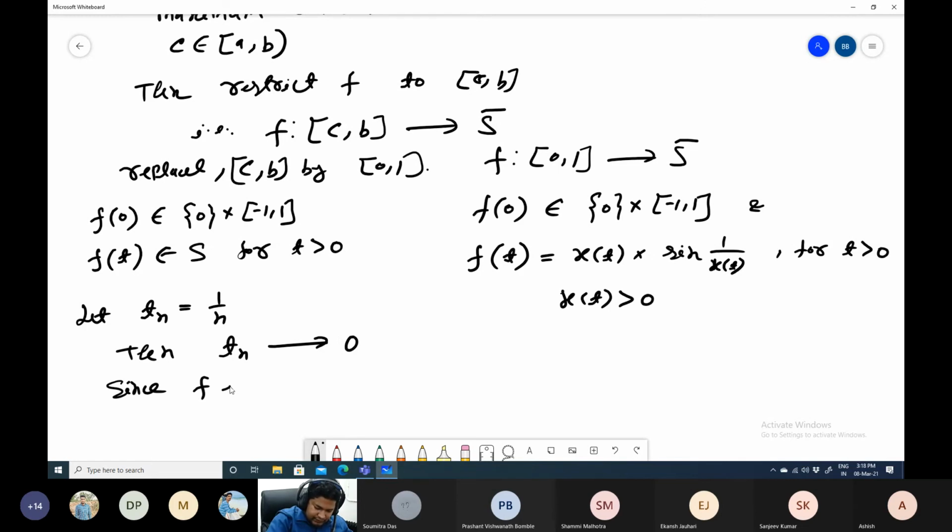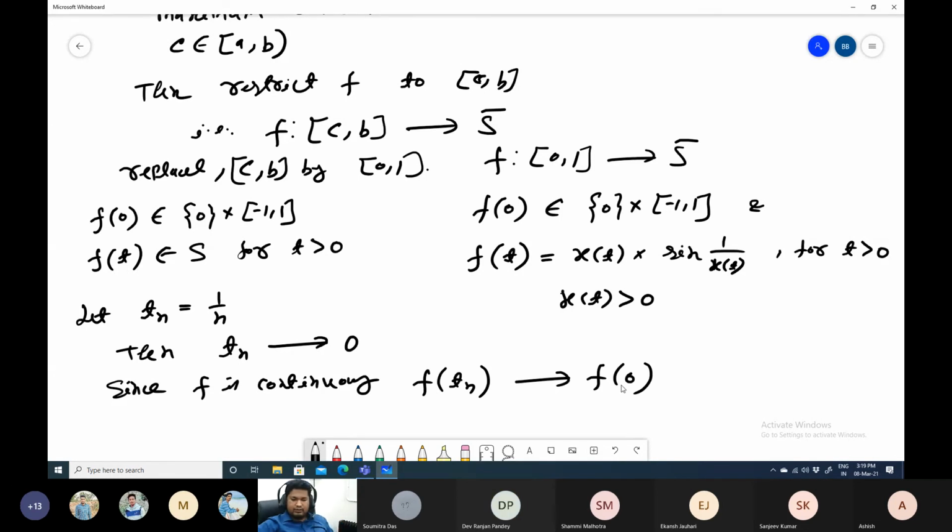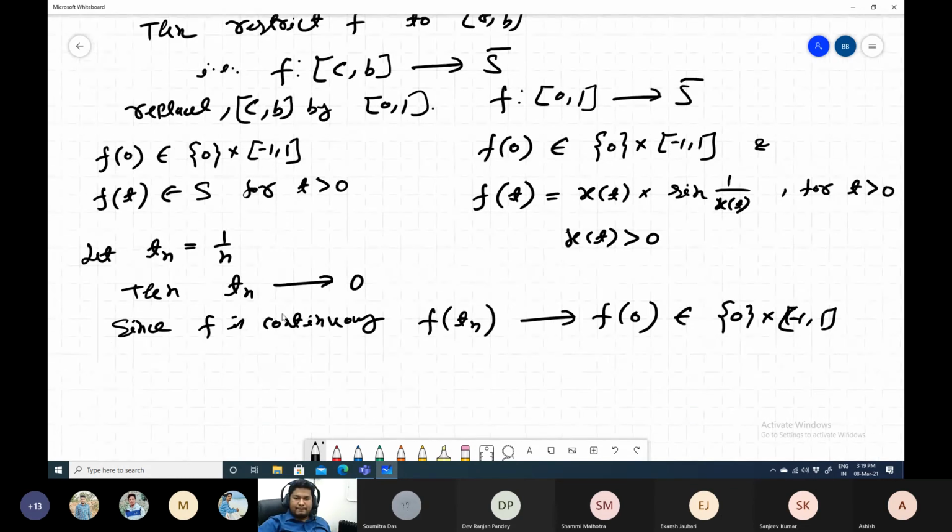Now since f is continuous, f of Tn should converge to f of 0. And what is f of 0? f of 0 belongs to this set, 0 cross minus 1 comma 1, right? Now what is f of Tn? f of Tn is this one, right?